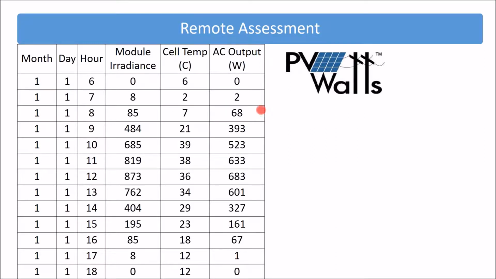And out of this 1,000 watt array, we can see at 7 a.m. and 8 a.m., our array only gets up to about 7% of its rated capacity, whereas at 9 a.m., we've jumped up to 40%. And so really your most productive times in the winter are from, say, 9 a.m.